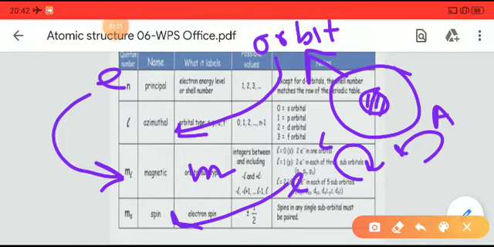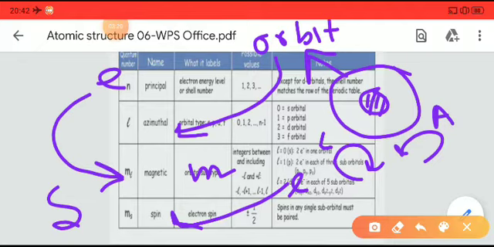So the spin quantum number is basically separating the electron's motion. How the electron is going to spin around its orbit is characterized by the spin quantum number, or S.